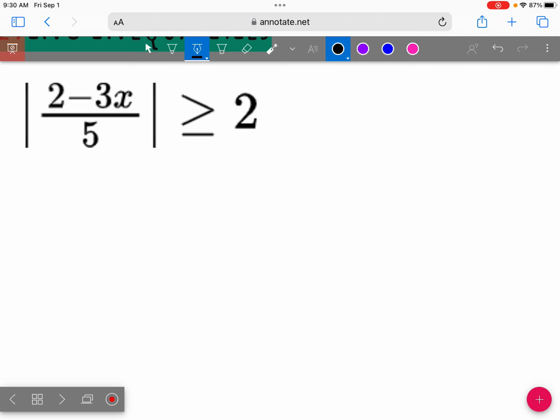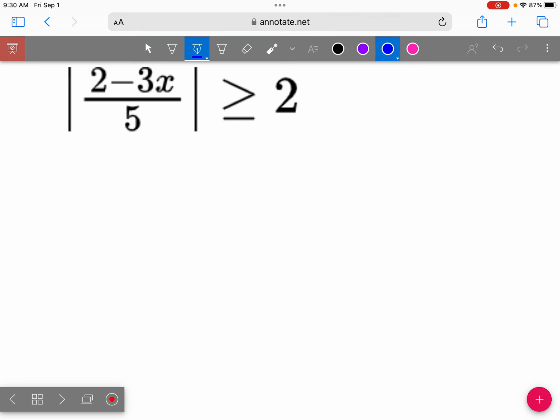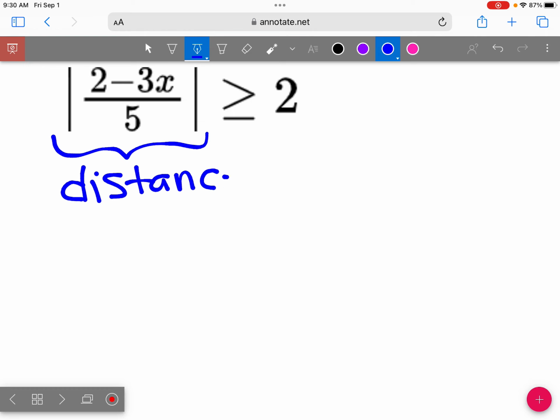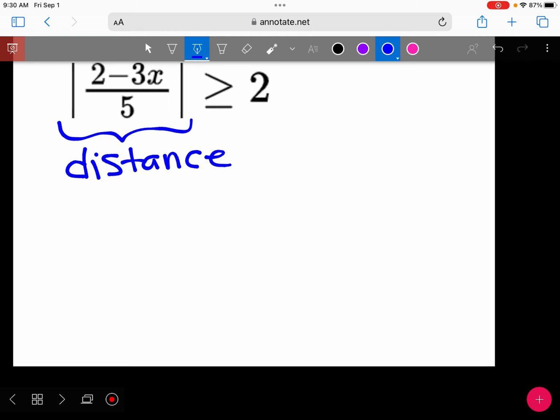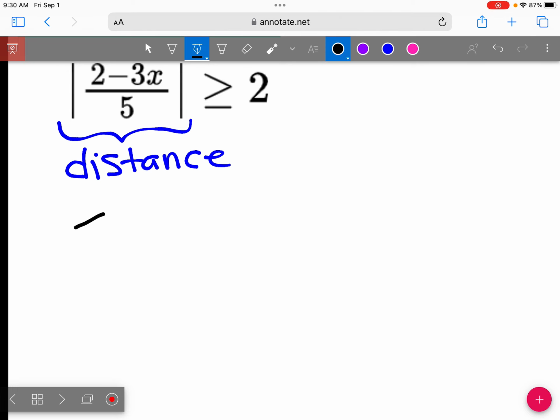So we've got the absolute value of 2 minus 3x, all over 5, is greater than or equal to 2. So again, we're thinking about our distance. Our distance is bigger than 2. Think about that on a number line here.